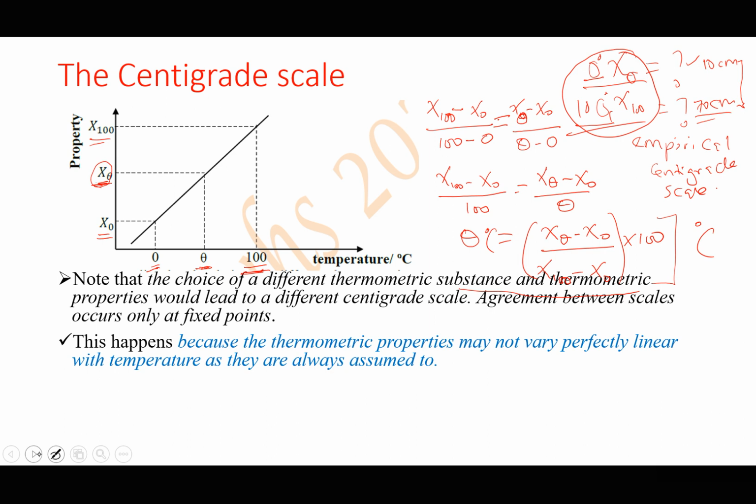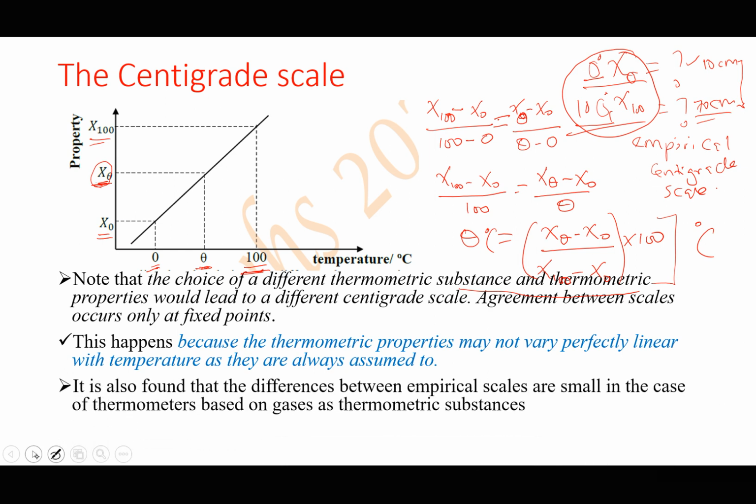So I also mentioned that it has been established by experiments that for thermometers which use gases, two different thermometers using gases may still disagree on a measurement, but the difference between the measurements is relatively small.